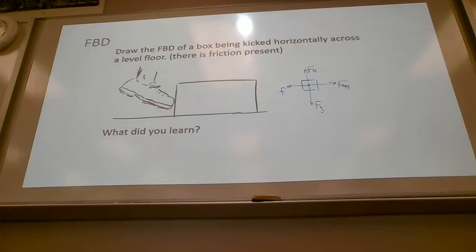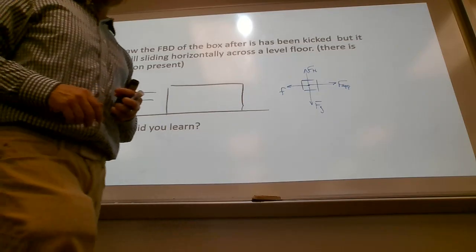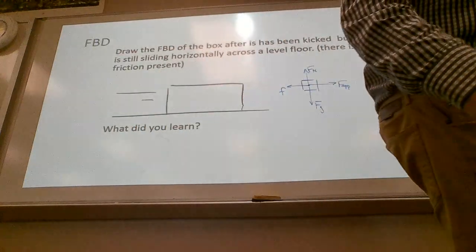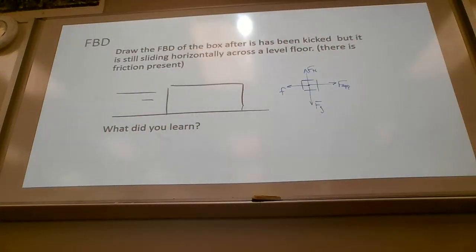Free body diagram. The next question is a follow-up: the box has now been kicked and is now sliding along the surface. What does the free body diagram look like? Oh dear. While it's sliding along the ground.